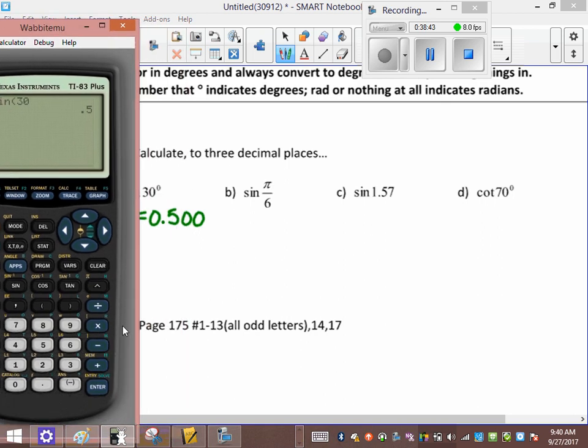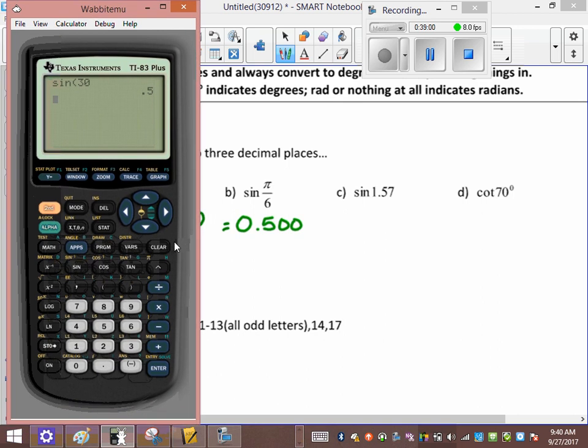Now, sine of pi over 6. Some people will say, well, that's sine of 30. So what's going to happen? It's going to be the same thing. So if you actually typed it in as sine of 30, it would be the same thing. If I type in right now, sine 5 pi divided by 6, it's not the same answer.